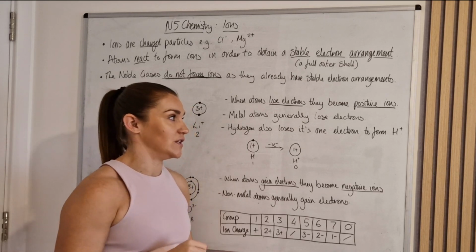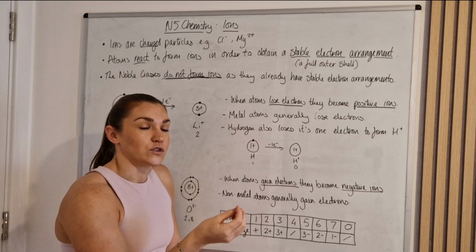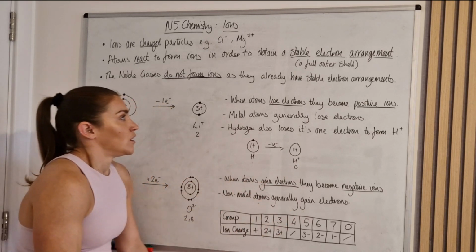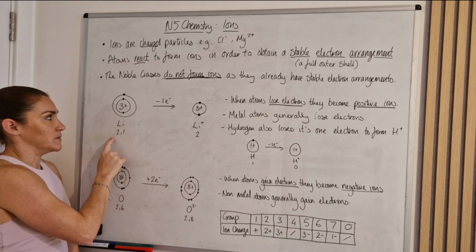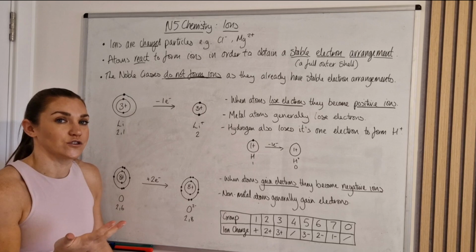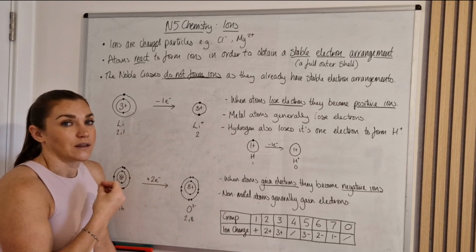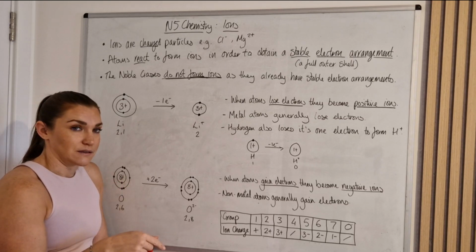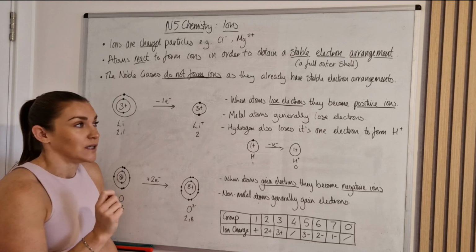They generally lose electrons because if you look at their electron arrangements, they're closer to a stable electron arrangement by losing. If we take lithium for example, a lithium atom has the electron arrangement 2,1. The next stable electron arrangements closest to lithium would be just 2, like helium, or 2,8, the electron arrangement of neon.